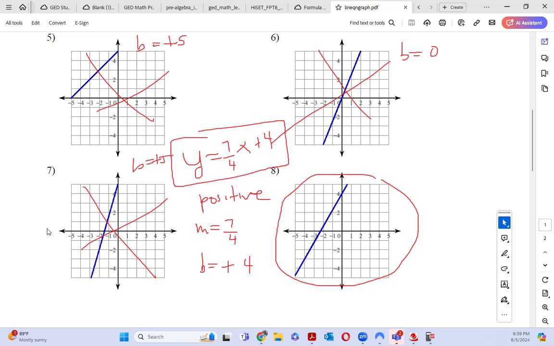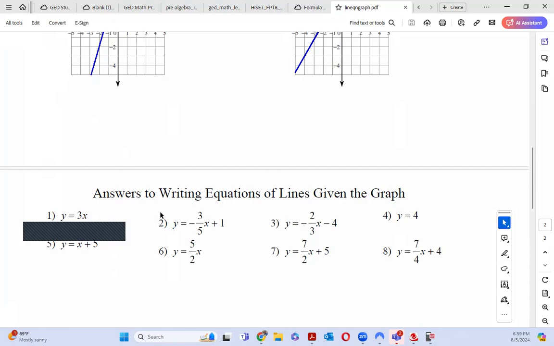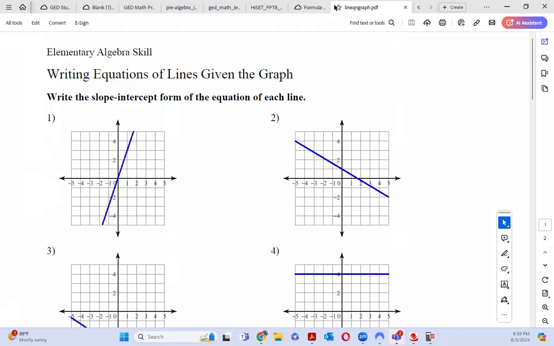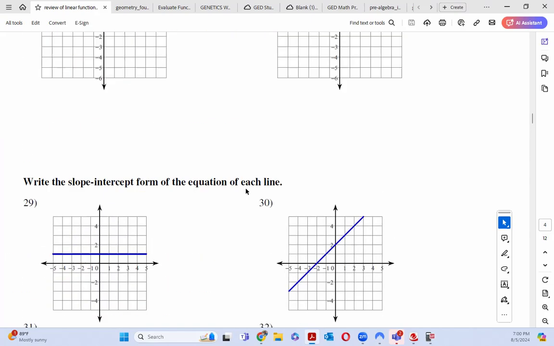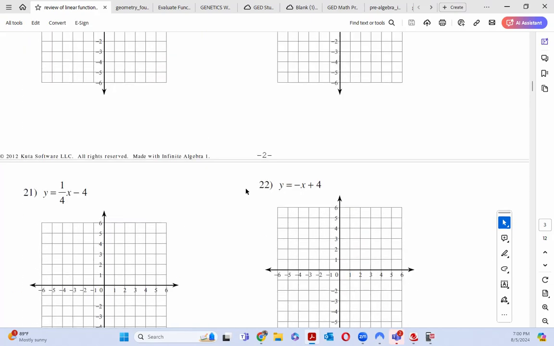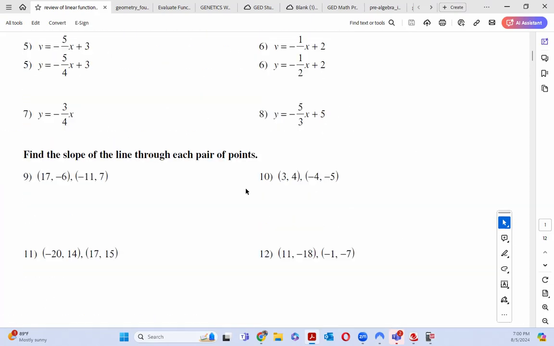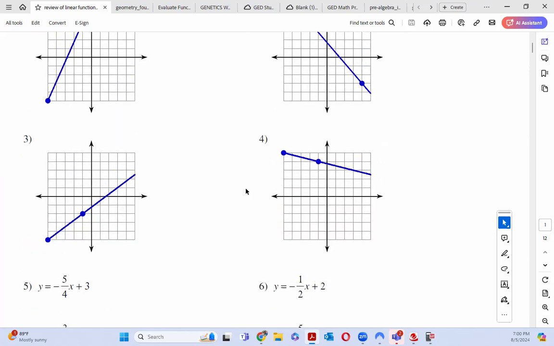But again, this is what you do every single time. So when you have a review sheet like this, this is why I have this review sheet here. Because first of all, I'm going to give you every which way for you to have conceptual understanding and enough rigor, enough practice for you to understand it.